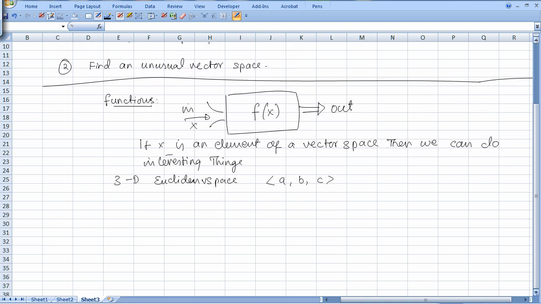So let's look at some functions. So let us say I get f of a, b, c equal to a squared plus b squared minus c squared, something like that. Okay, so input vector, output number.